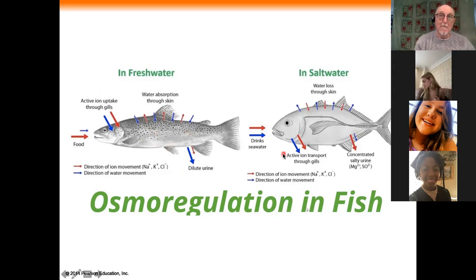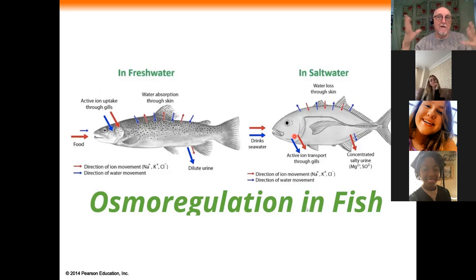In salt water, they have the opposite problem, because the seawater around them has a much higher salt concentration than their body fluids. Both freshwater and saltwater fish have a massive surface area that interacts with the water. This is one of the ways they respire. They respire through gills and also through the skin.